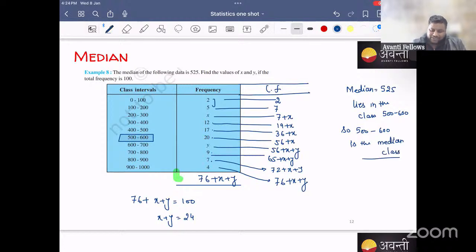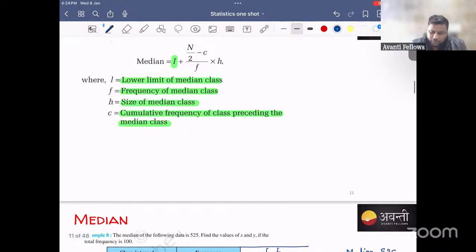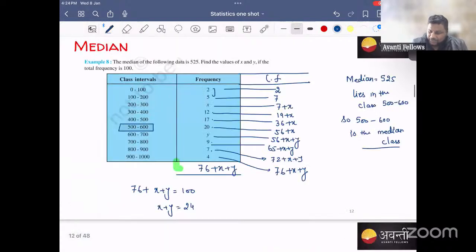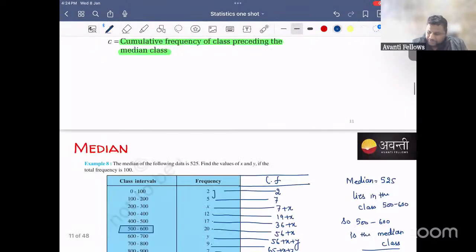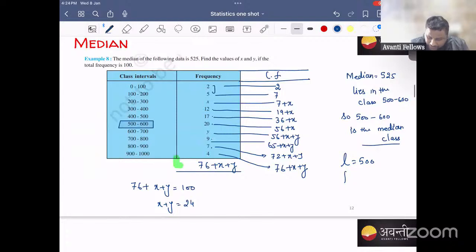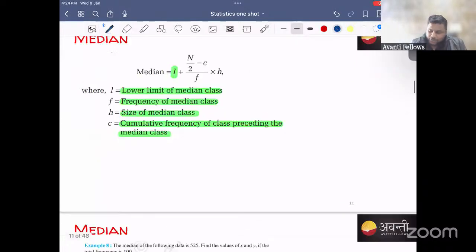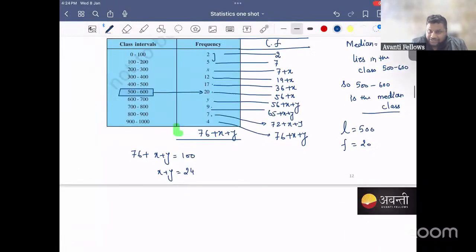Now let us define the values. See, L is the lower limit of the median class. So your L is 500. F is the frequency of the median class, which is 20. H is the size of the median class, which is 100.